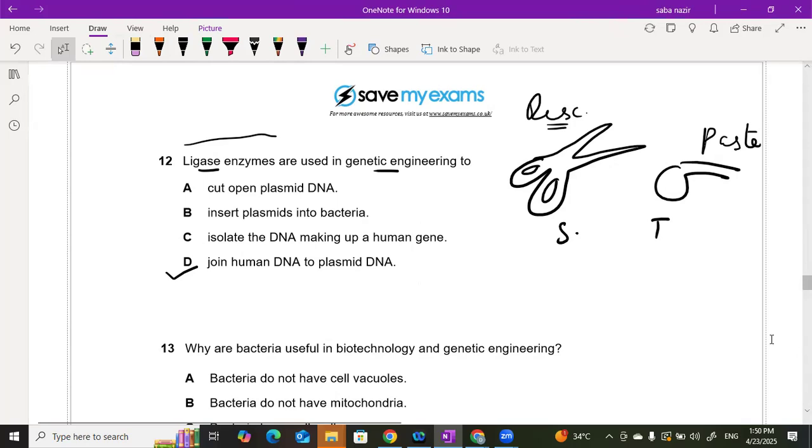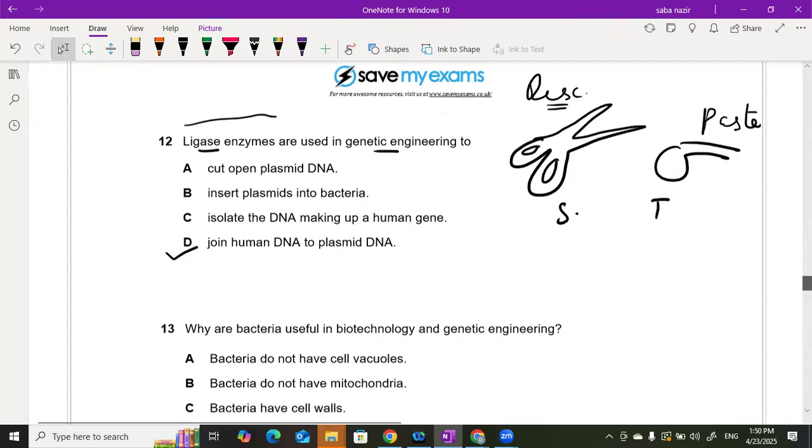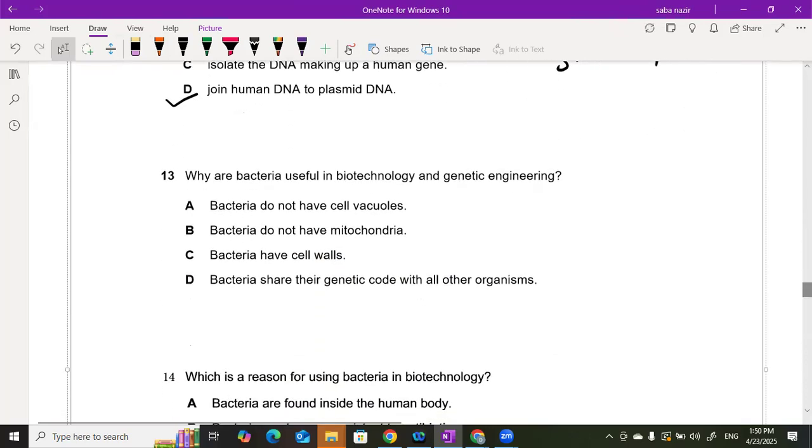Now, question number 13. Why are bacteria useful in biotechnology and genetic engineering? In the case study for the production of insulin, we have seen that bacteria are used in biotechnology. It's not because bacteria do not have a vacuole, a mitochondria, or a cell wall.